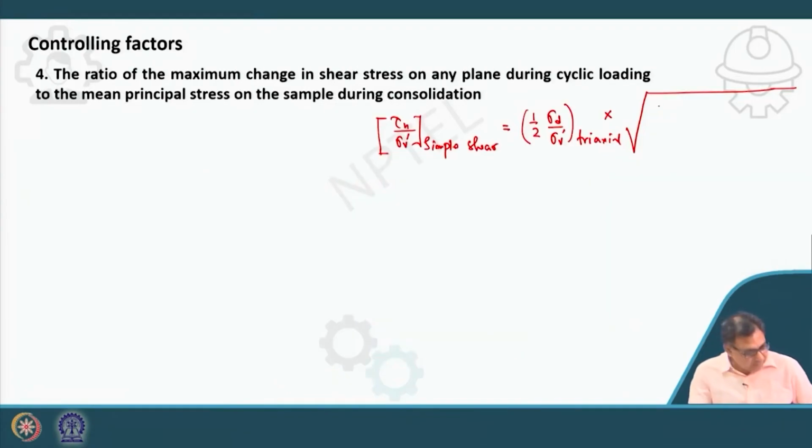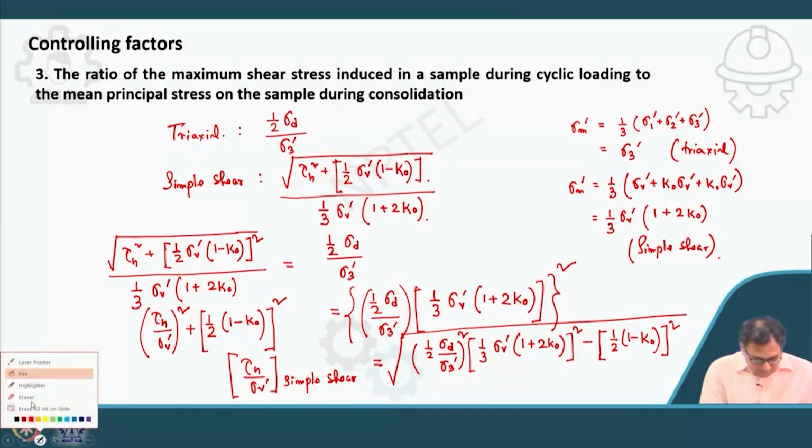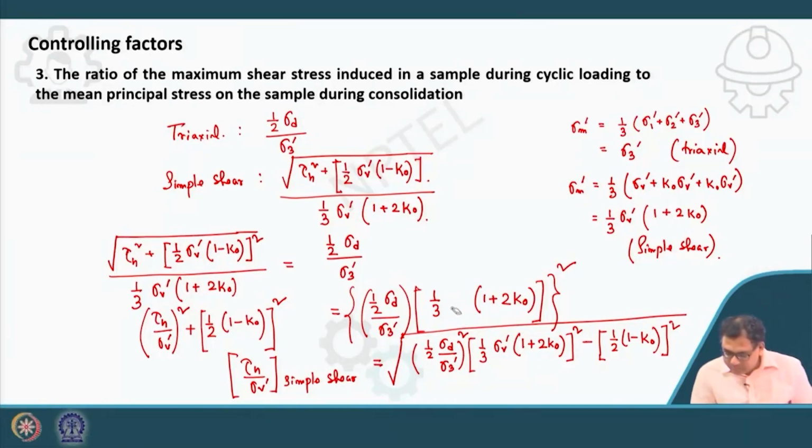this is, you can see this is 1 by 9 sigma v square, oh there will not be, yeah, sigma v square is there. So I have taken half sigma d into sigma v, and if I take sigma v one more thing, then this term will not be there, because I am dividing it by sigma v dash.